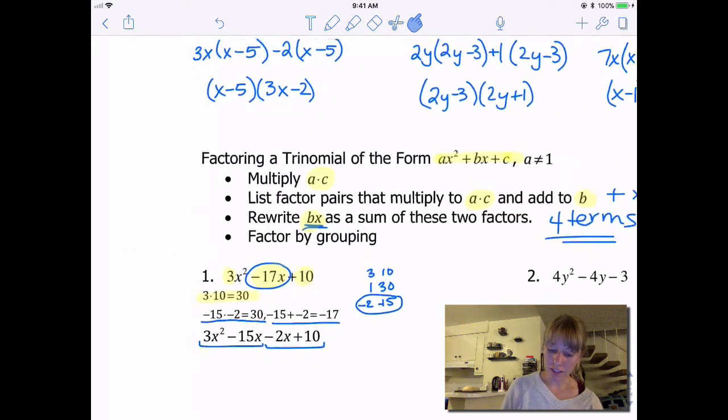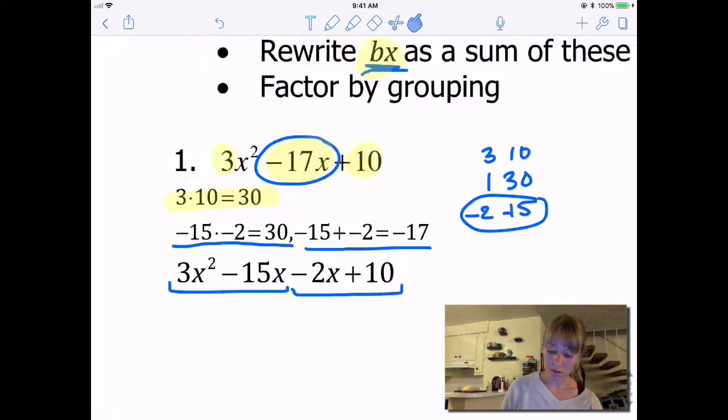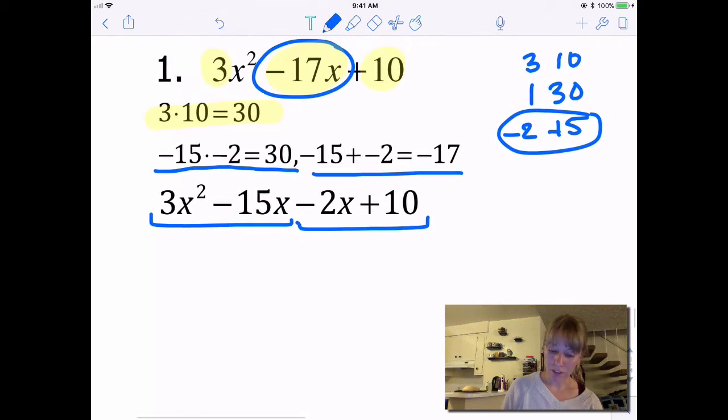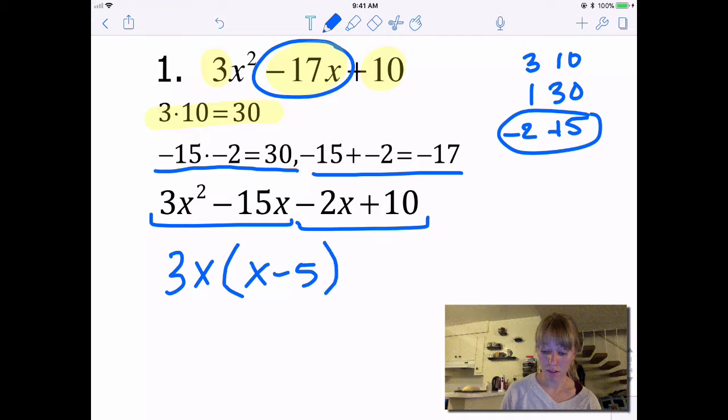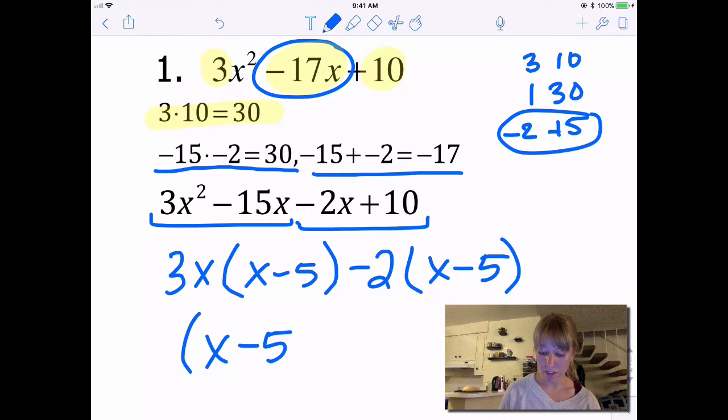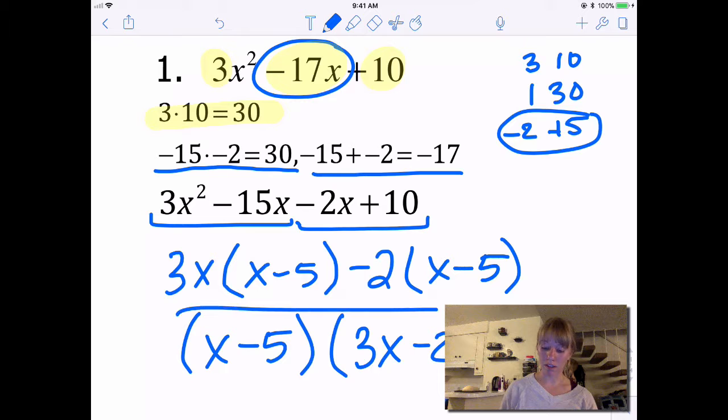You'll notice that this is just like A. So we get 3x with an x minus 5, a negative 2 with an x minus 5, and then my x minus 5 is a GCF. We're left with 3x minus 2. Now my problem is written as a product, so we are all done.